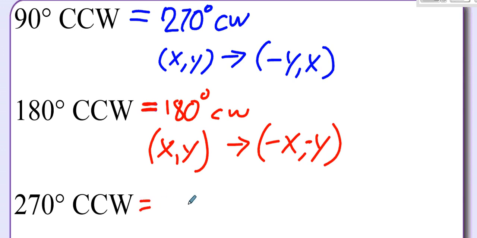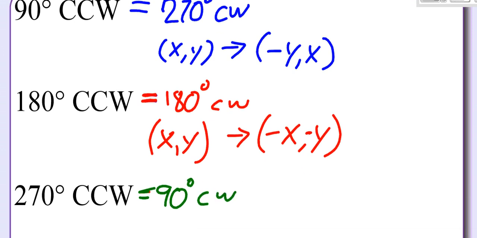And then 270 counterclockwise would be the same as 90 clockwise. And that rule, XY goes to Y, negative X.